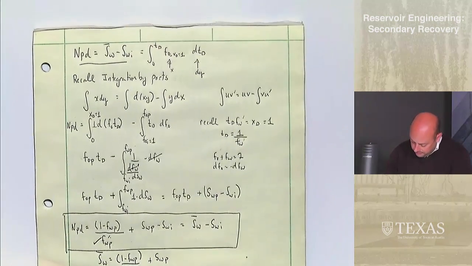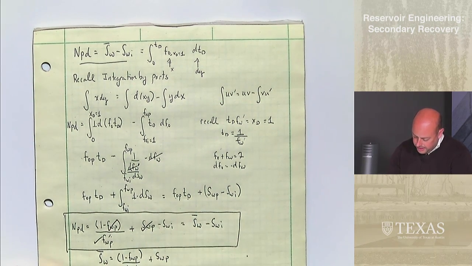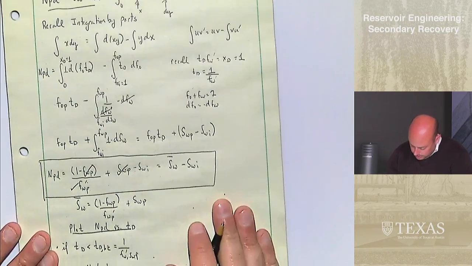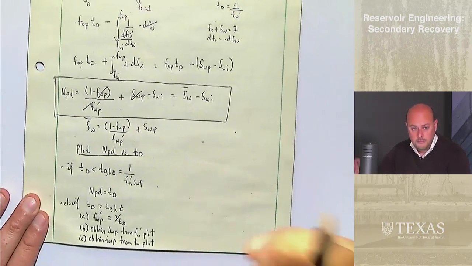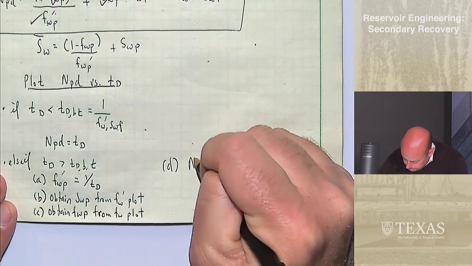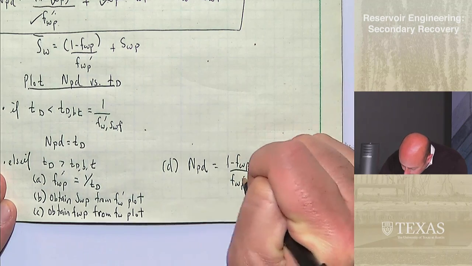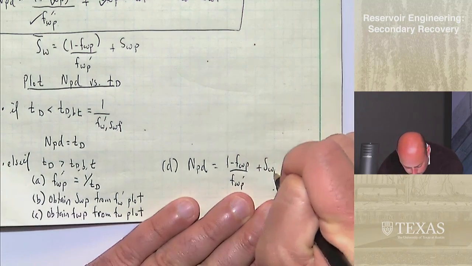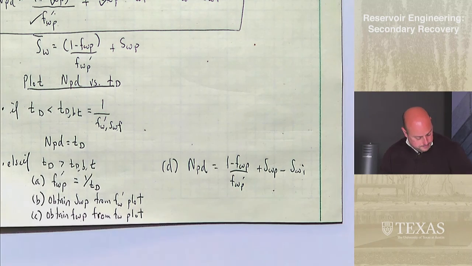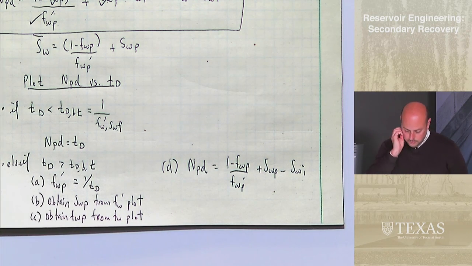So now I have FWP prime, SWP, and FWP. Of course, I know my initial water saturation. So now I can get NPD is equal to 1 minus FWP over FWP prime plus SWP minus SWI. So I do that for a bunch of TDs, a bunch of dimensionless times.